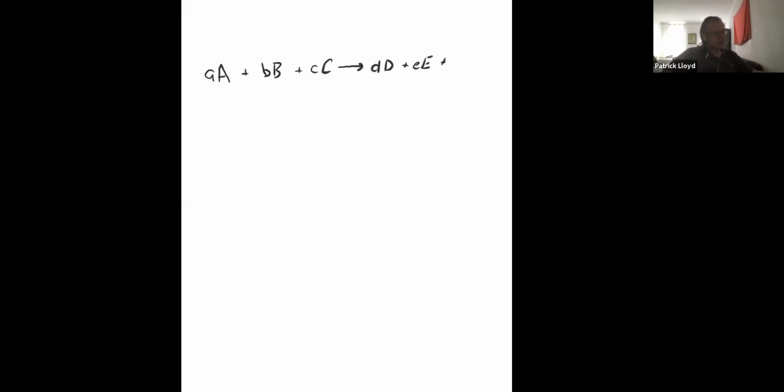I'm going pretty crazy here: 3 reactants and 3 products. You're not likely to see 3 reactants and 3 products. You might see 2 reactants and 2 products, 2 reactants and 1 product, or 3 reactants and 1 product, but you're not likely to see 3 and 3. I just want to put it all out there.